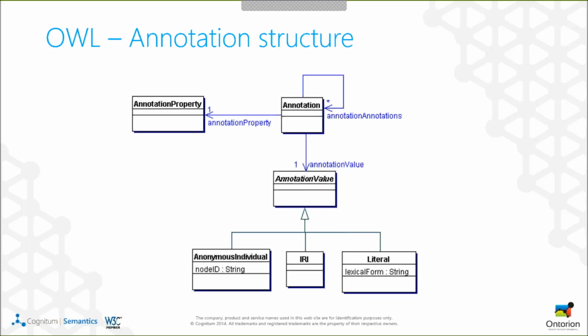The main ontology that defines a lot of relations and properties for annotation properties is SKOS, and you can use SKOS to extend your ontology. So the annotation structure looks like this: you have the annotation that can have some value and property. And then the annotation can have annotations, as many as you want. And the annotation value can be one of these.